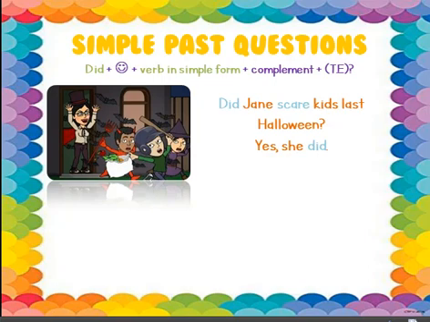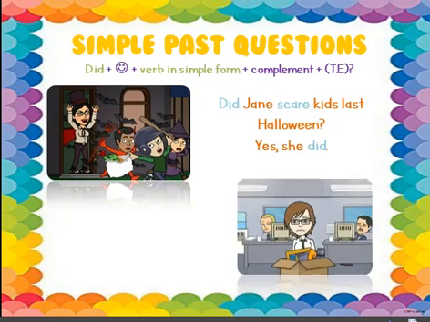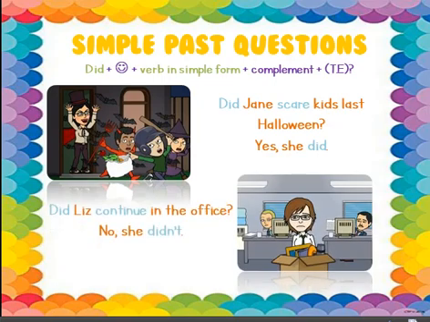Once again, notice the verb is in simple form because we have the auxiliary did. And in the answer, as the answer is affirmative, we have also the auxiliary did. Yes, she did. Let's check this with a negative answer.